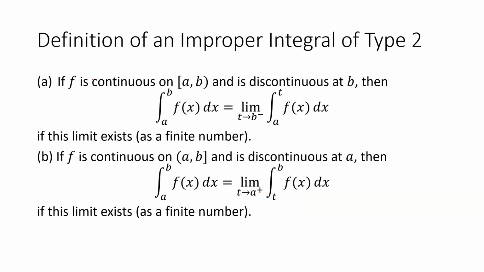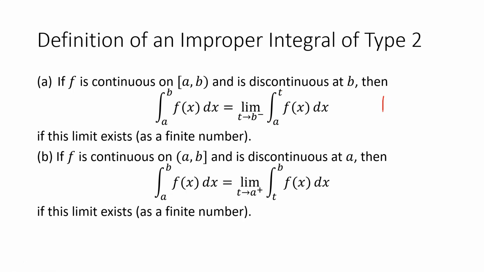So consider the case here where f is continuous on the interval from a to b, where it's open at b, and it's discontinuous at that right endpoint at b. Then the integral from a to b is equal to the limit as t approaches b from the left of the integral from a to t.